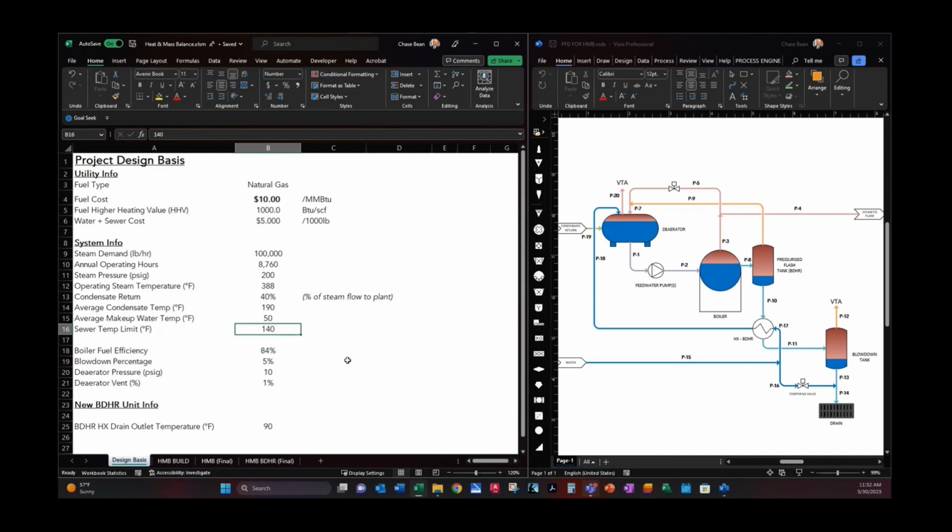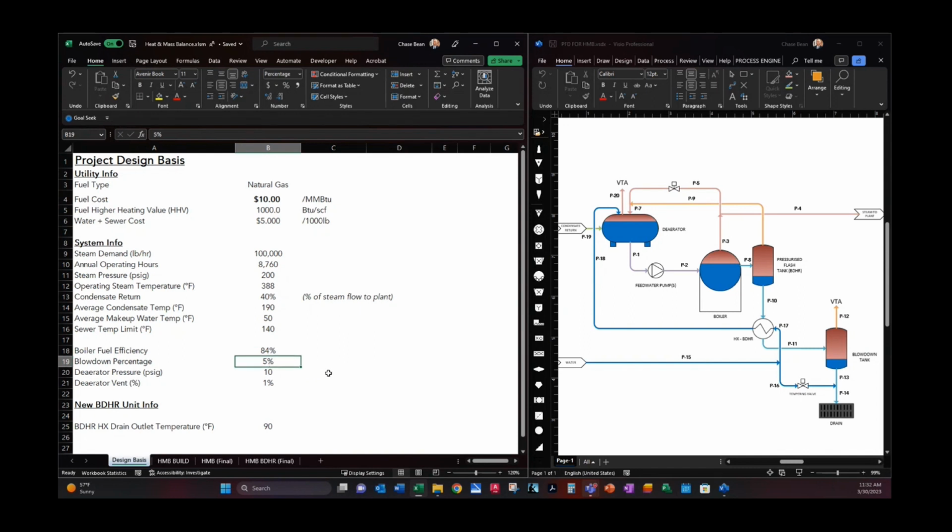I was at a chemical plant recently, and they did not have a sewer temperature limit. They just had higher rated materials in their drain system, and so it eliminated that component of the savings. But there's tempering water that's required for that, and so for these blowdown heat recovery opportunities, that's a big part of the savings. The boiler fuel efficiency is 84%.